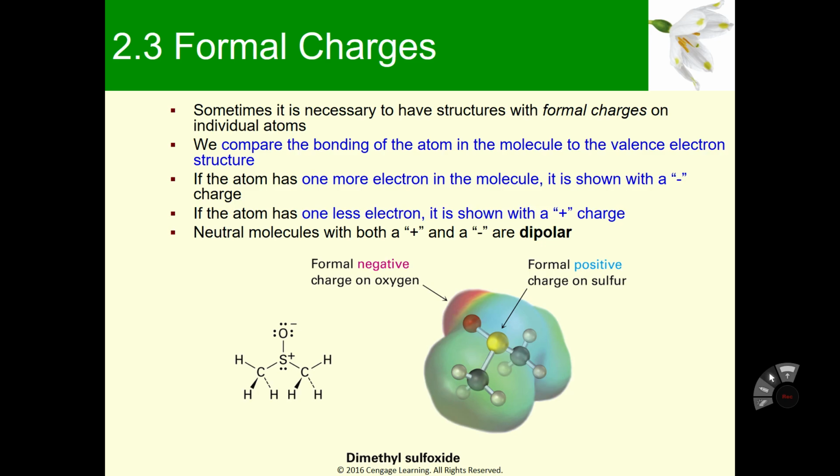However, sulfur has 5 electrons surrounding it, while the number of outermost electrons of a neutral sulfur atom is 6. Therefore, sulfur will have a +1 charge. Oxygen has 6 electrons in the outermost shell for a neutral atom, but in this bond it has 7 electrons around it. Therefore, it has a -1 charge.